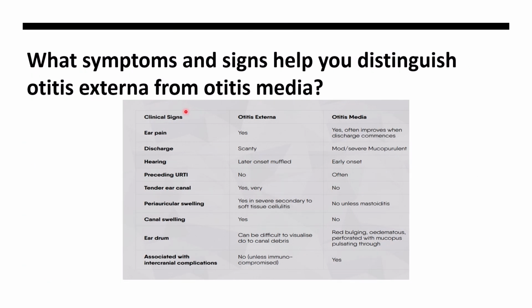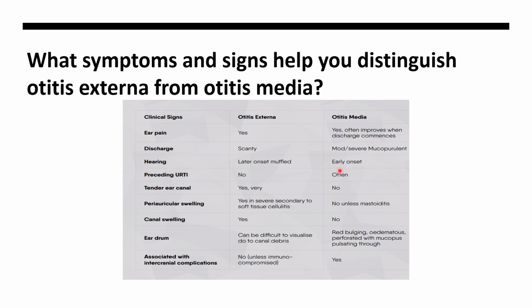There are some features that help you to find whether the patient is suffering from otitis externa or otitis media. Ear pain is present in both conditions. Discharge is scanty in externa, but it is moderate or severe if a patient is having otitis media.